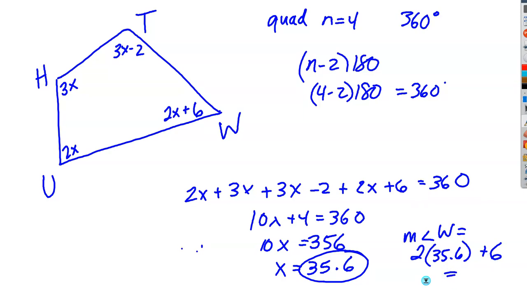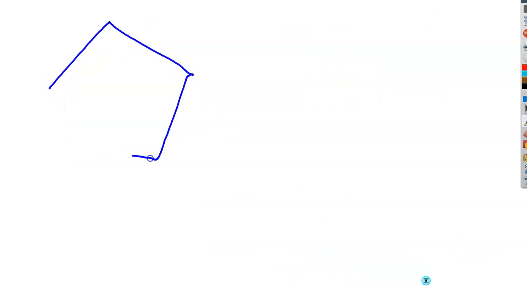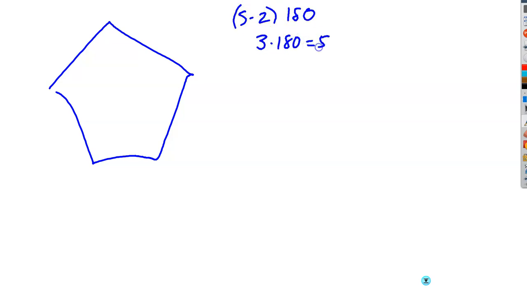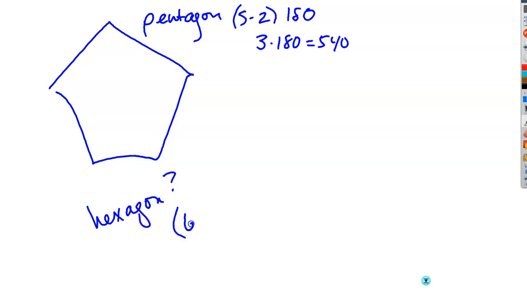Now, if your shape is, say, a pentagon, meaning it has 5 sides, then you're going to have to add it up to 3 times 180 or 540, right? If it's a hexagon, what would you have to add that up to? Well, 6 minus 2 times 180 would be 4 times 180, and that ends up being 720, and so on and so forth.